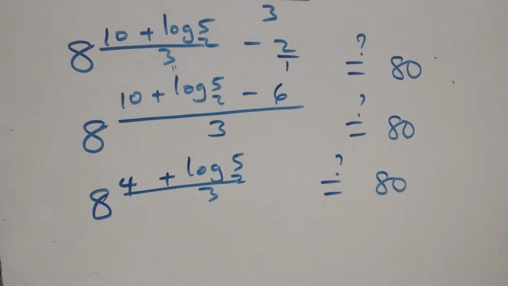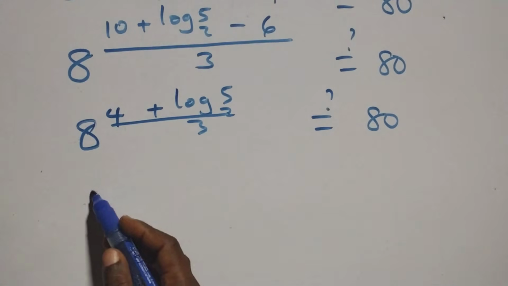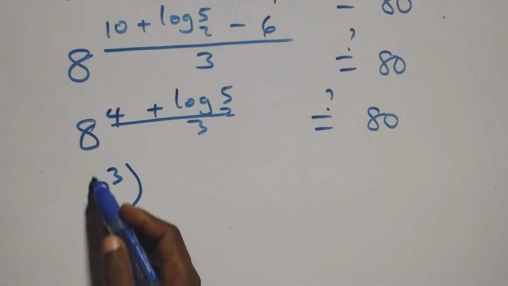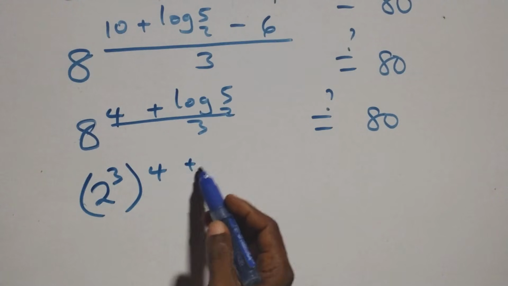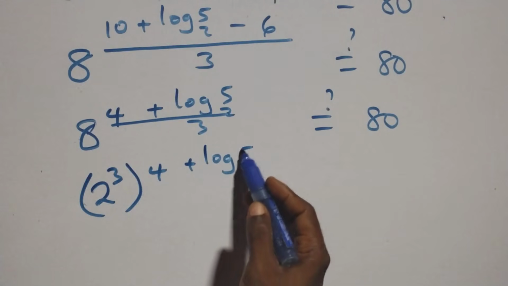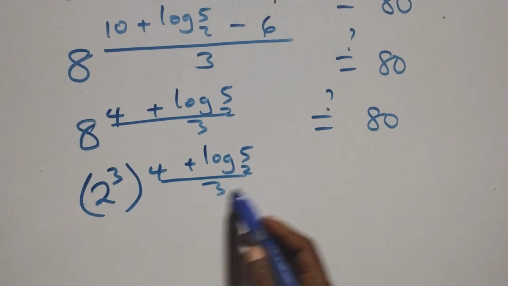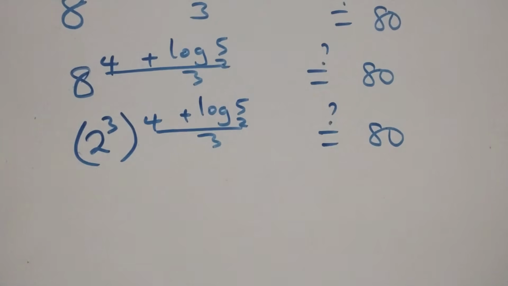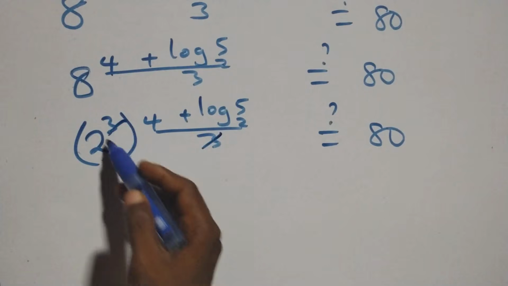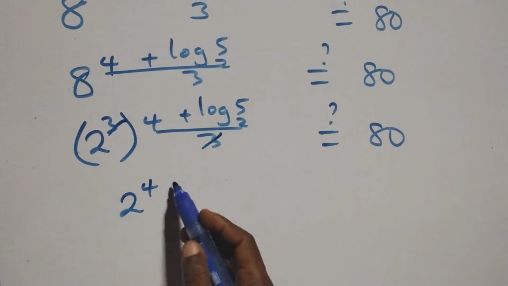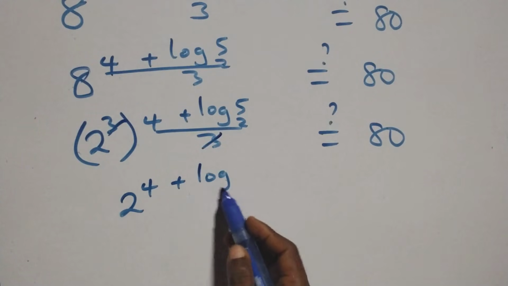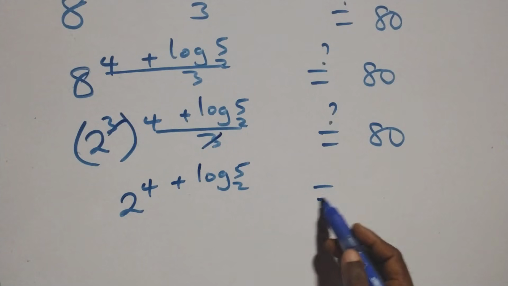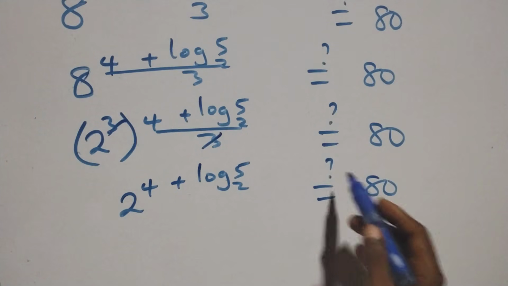And also 8 can be written as 2 raised to power 3, which is raised to power 4 plus log 5 base 2 all over 3, is it equal to 80 on this side? And this power multiplies 3 here, cancel each other. We have 2 raised to power 4 plus log 5 base 2, is it equal to 80 on this side?